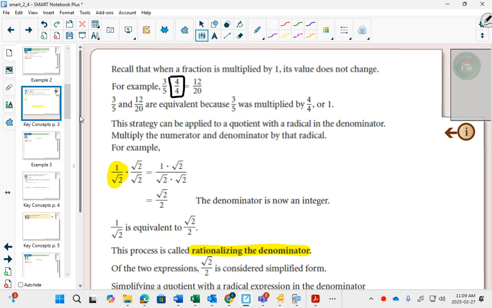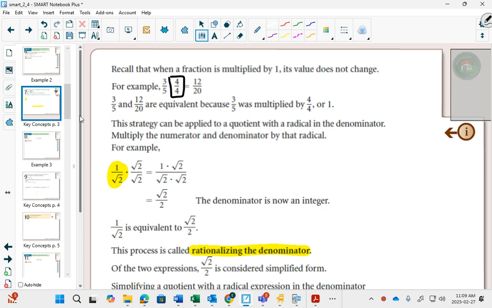But when we multiply the top by 4 and the bottom by 4, what's in the square box right there? It's equal to 1. When you multiply by 1, you don't change the value of your answer. You just change what it looks like. So for example, 7 times 1, it's still 7. If I do 7 times 2 over 2, I get 14 over 2.